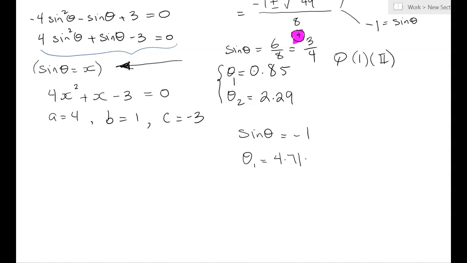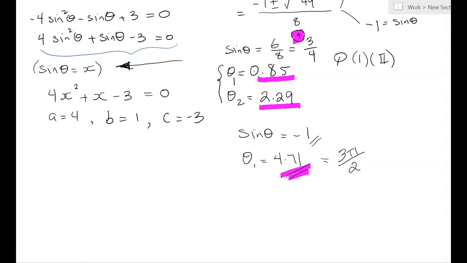All right, so that's the solution. 3 solutions for theta: theta 1, theta 2, and theta 3. So here it is, here it is, and here it is. So this equation had 3 possible solutions, and each of them is written in terms of radians.